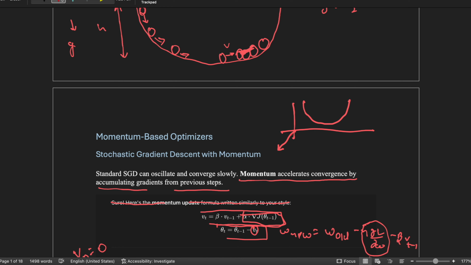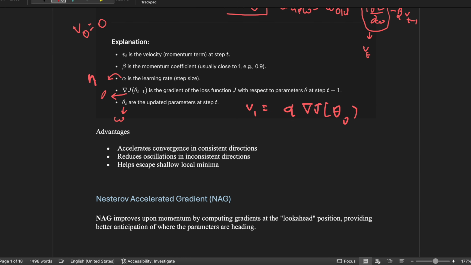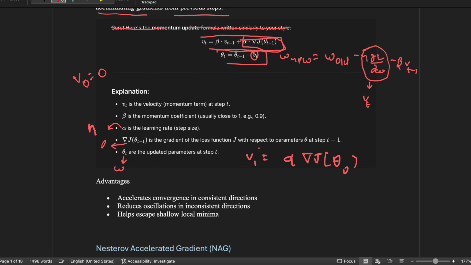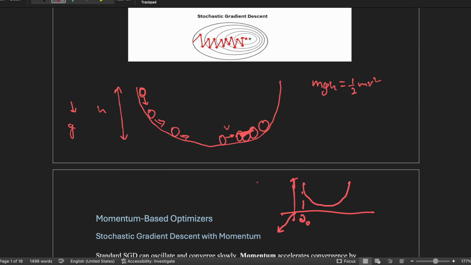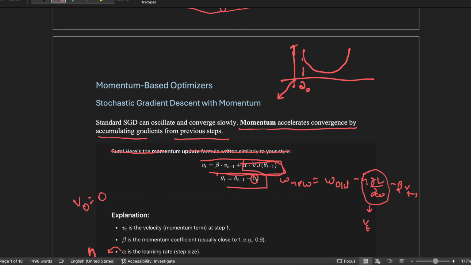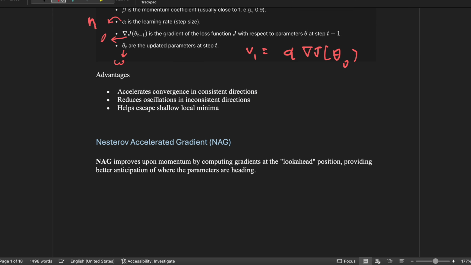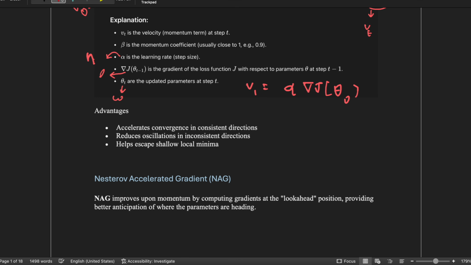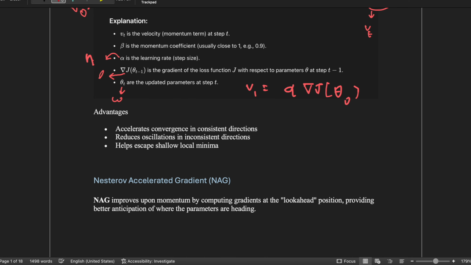Suppose v0 is 0, and this is theta 0. Then v1 will be used to calculate theta 1, and suppose theta 1 is somewhere here. Now let's calculate v2. What will v2 be?